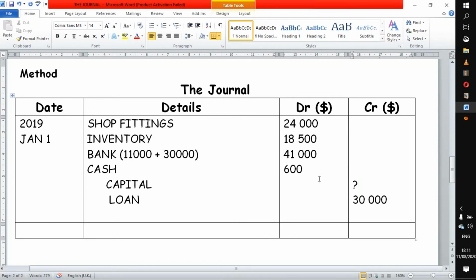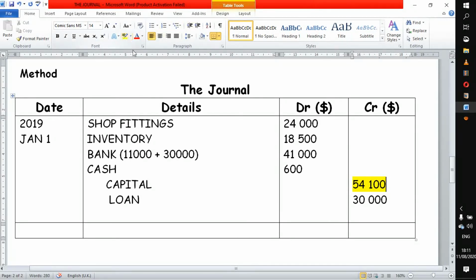It's 84,100 minus 30,000, which gives us 54,100. So the capital that the owner brought in is 54,100. These assets are financed by the capital plus the loan.